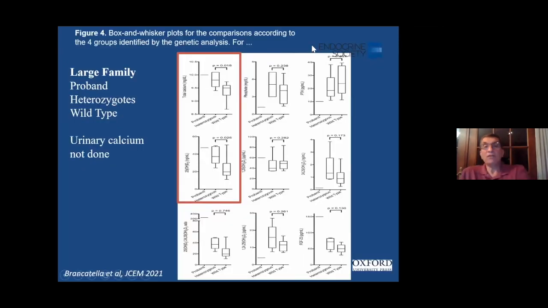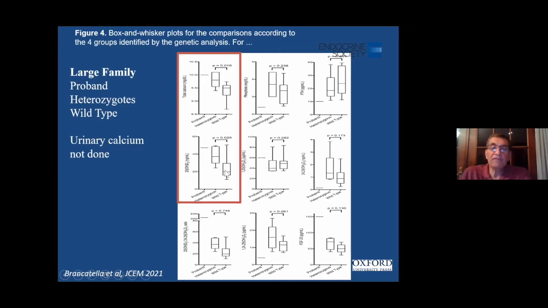So how about this, the heterozygote thing? This is an interesting paper that was just published. It's a large family with one truly affected member. And what they did was do genetic profiling and some biochemistry on family members. And what they found was that the calciums in the heterozygotes were slightly higher.